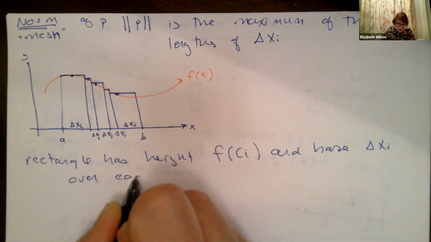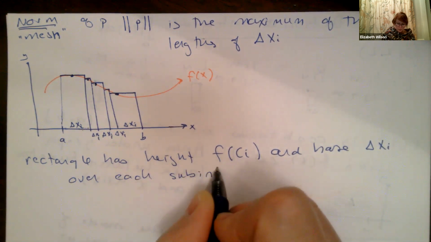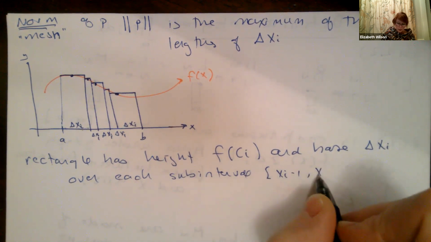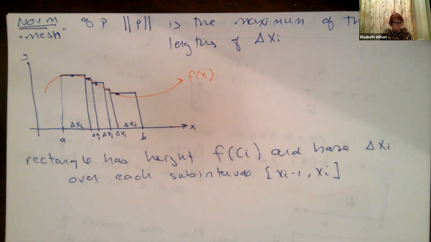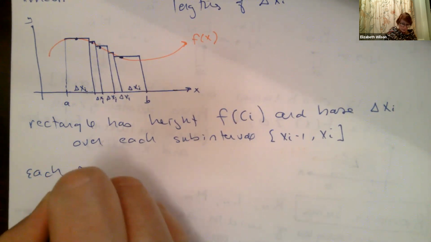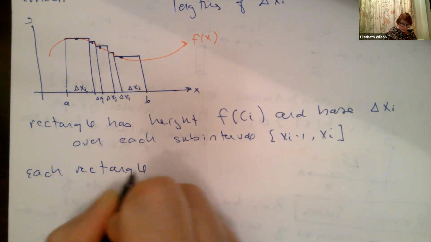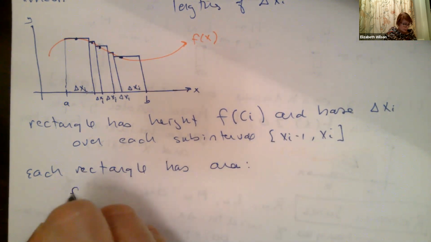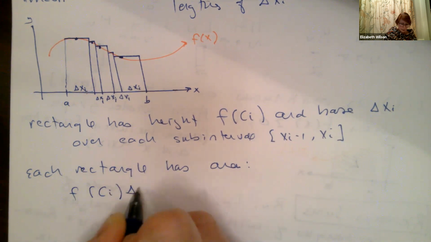Over each subinterval x sub i minus 1, x sub i, we'll say each rectangle has area f of c sub i times delta x sub i.